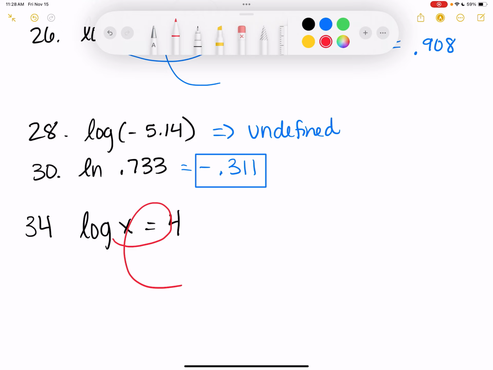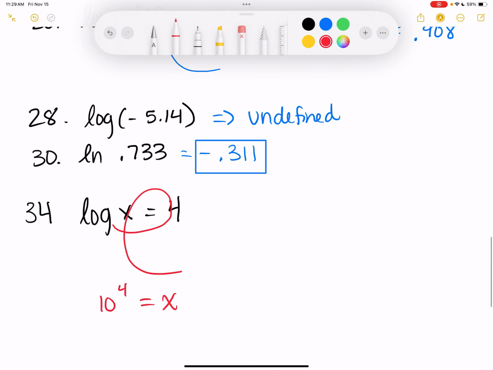So going from log to exponential, we make an e, and that's how we solve it. If we go from exponential to log, which is what we were doing at the end yesterday, then we make the L. So this is a log base 10, so 10 raised to the power of 4 equals x. And what is 10 to the 4th? 10,000 equals x.